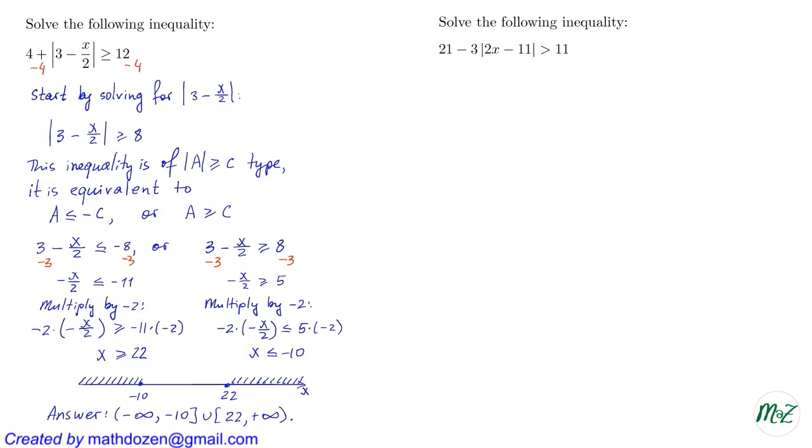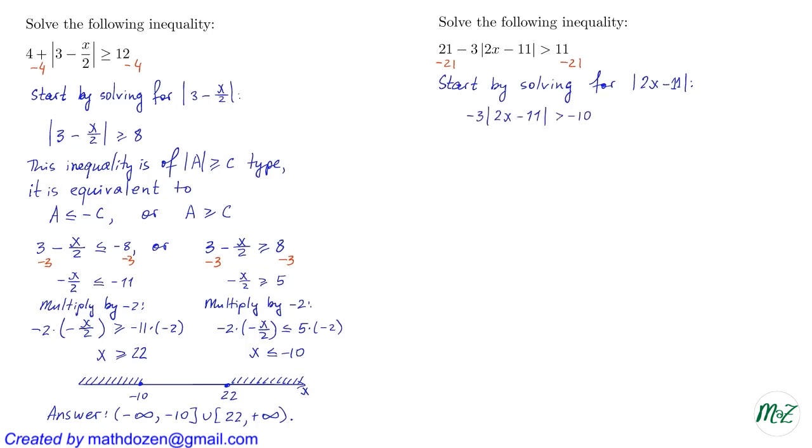Now looking at the second inequality, we see again that it's not yet solved for the absolute value of 2x minus 11. So we're going to work on that. The thing that we can do right away is subtract 21 from both sides. That's pretty much the only thing we can do at this stage.